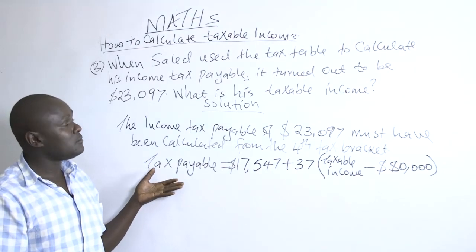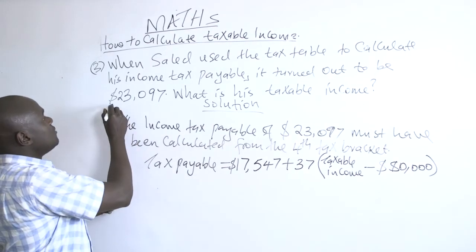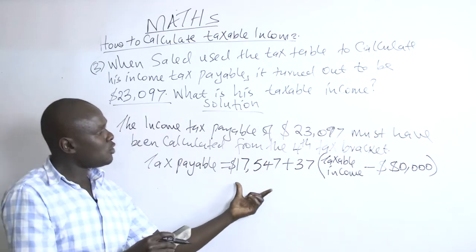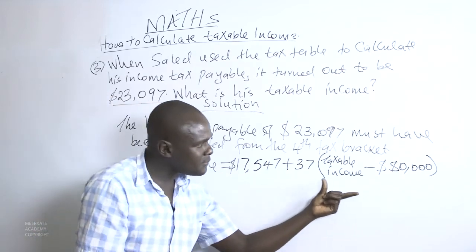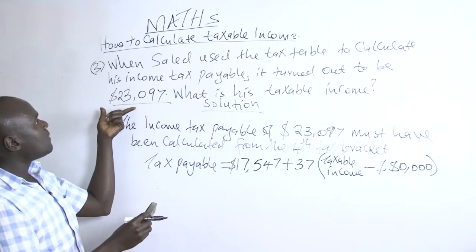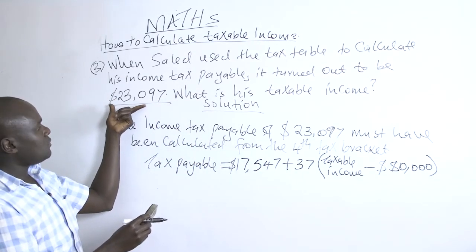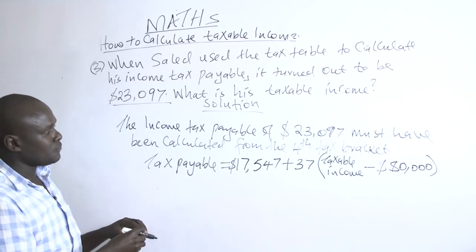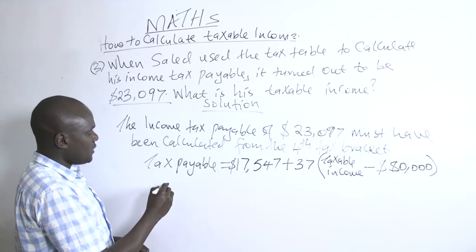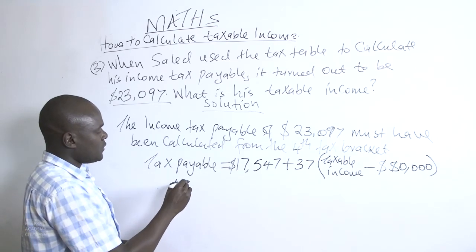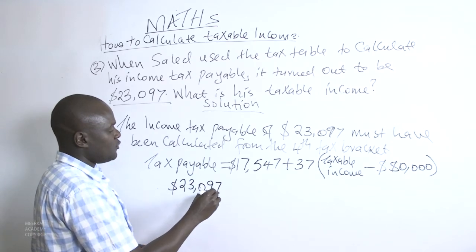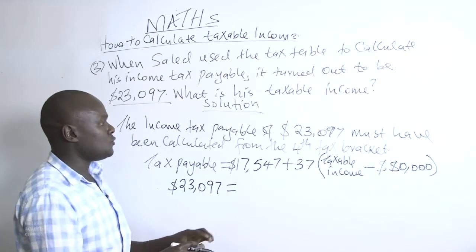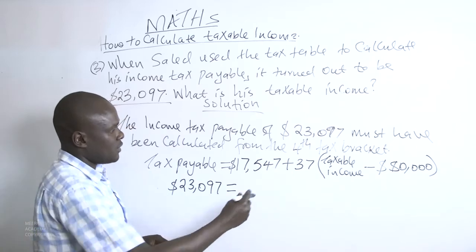We have already been given the income tax payable. After applying this rule, this person ended up with this figure as the income tax payable. So we will say our $23,097 is equivalent to the entire operation on the right hand side.